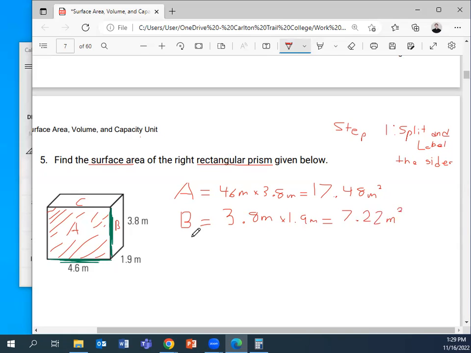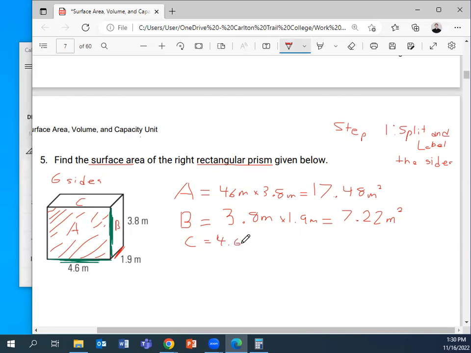And then side C, what two numbers am I multiplying together there? 4.6 and 1.9. Oh, no, you're right, sorry, my apologies, you're absolutely right. Yes, 4.6 and 1.9, because those are the dimensions on the bottom.